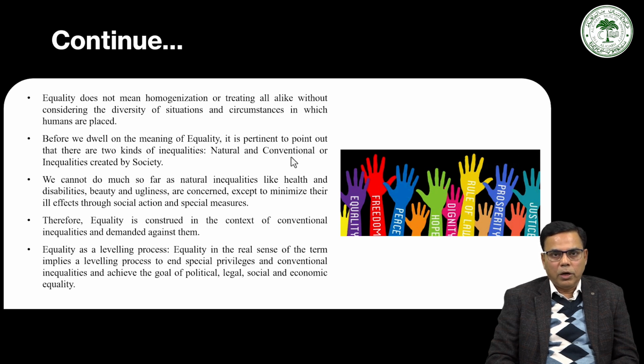India is a welfare state, and the Constitution in its preamble itself proclaims that everybody will be given equality of opportunity. So just to create that equality of opportunity, these provisions were included in the Constitution of India. So equality does not mean treating all alike without considering the diversity of situation.